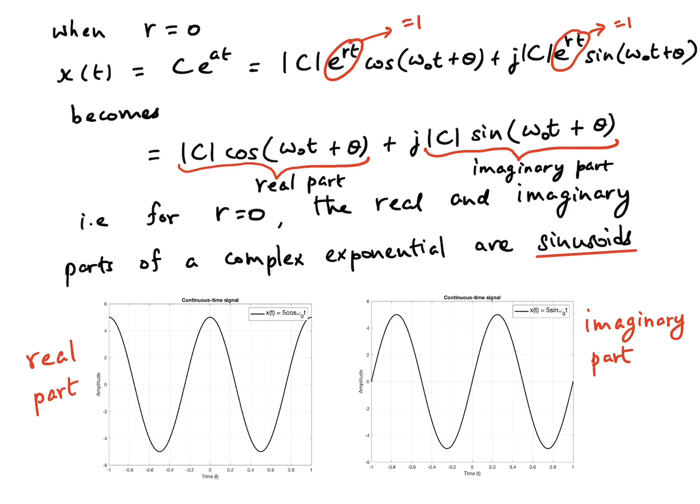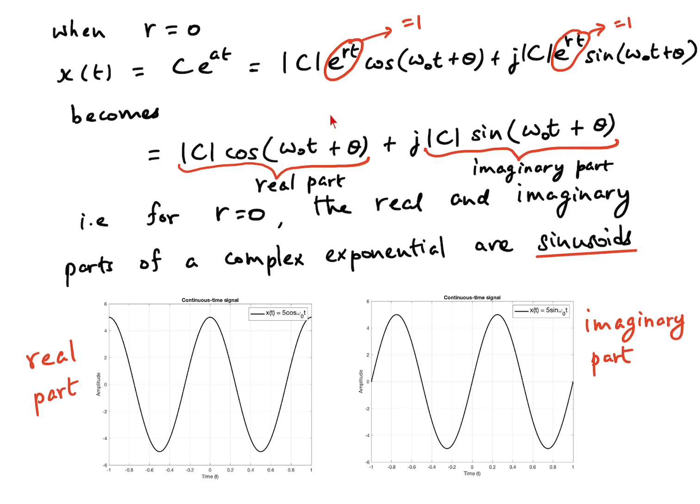Again we still have the complex signal, but now the real part has the magnitude of c as the multiplying factor, and the imaginary part also has the magnitude of c as the multiplying factor. This magnitude of c is just going to be a number. So it is some number multiplied by cosine omega naught t plus theta, plus j times some number into sine omega naught t plus theta.